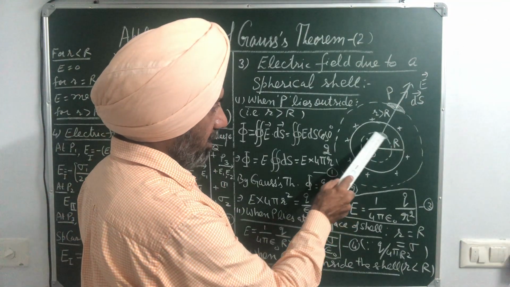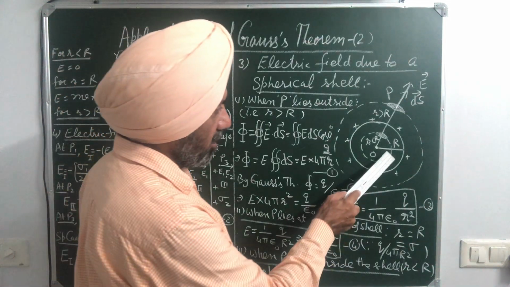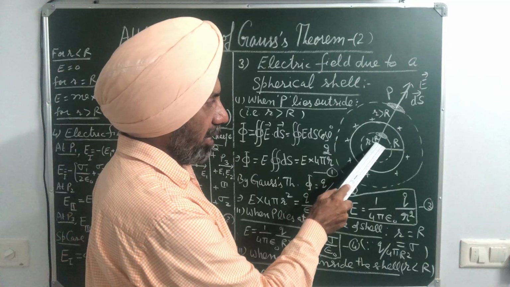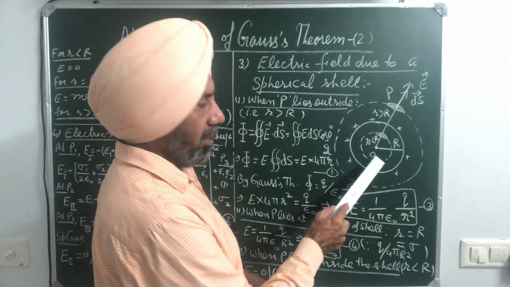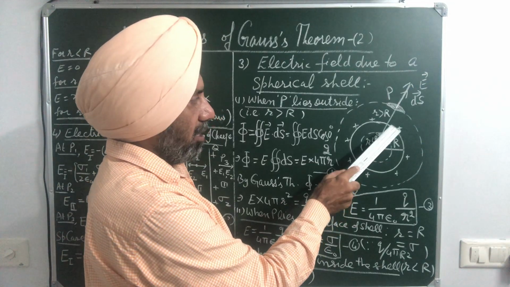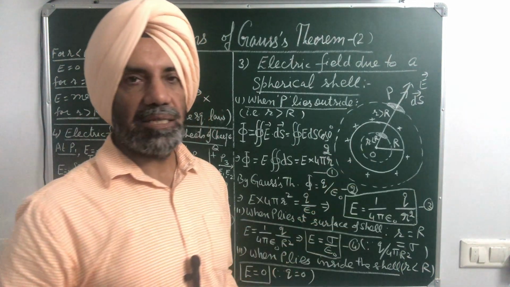Another Gaussian surface is inside the spherical shell, of radius small r less than capital R. So we have to find the electric field inside the spherical shell, at the surface of the spherical shell, as well as outside the spherical shell.